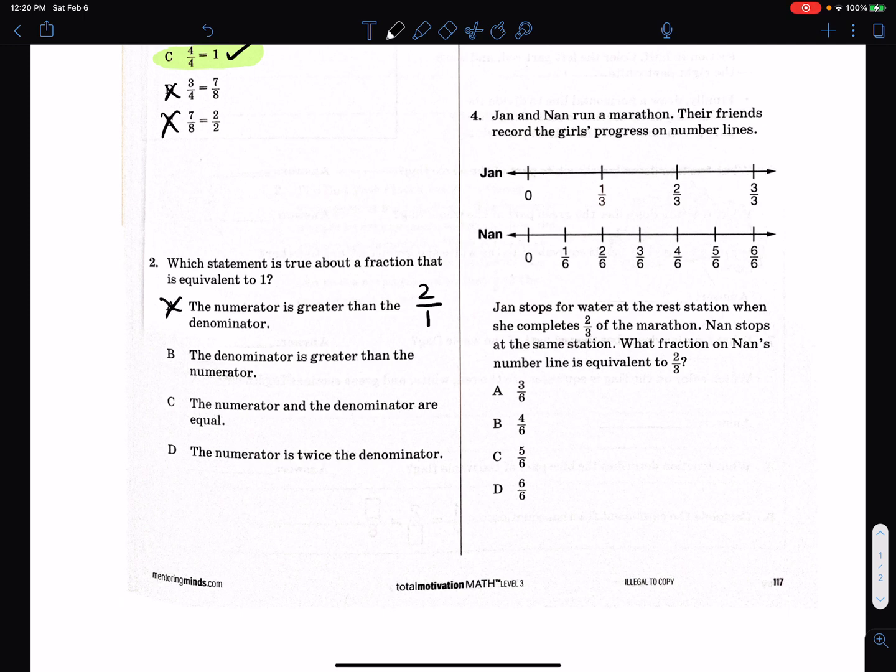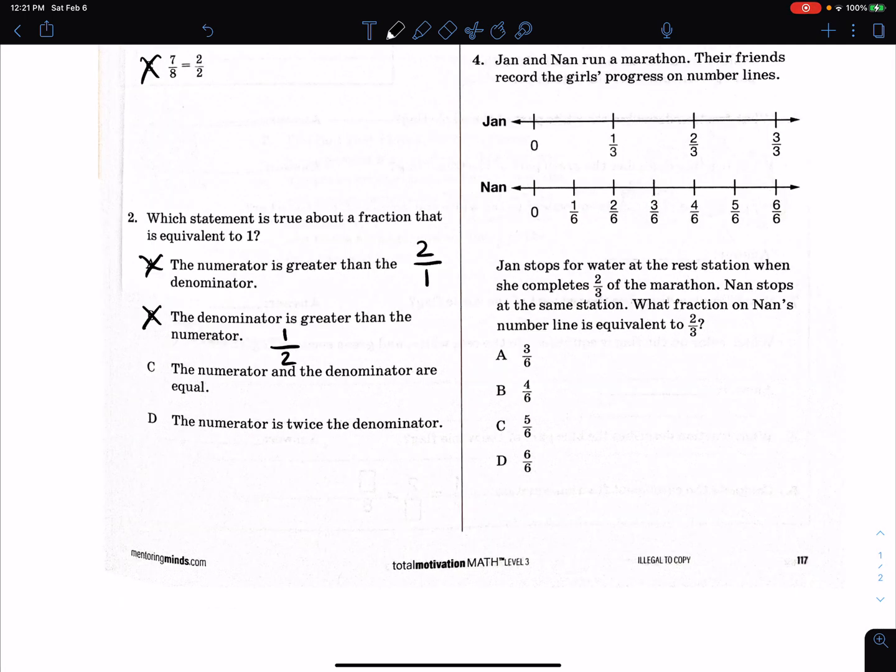So I know that's not correct. So let's look at letter B. The denominator is greater than the numerator. So I could have 1 over 2. Well, I know that's a fraction of a half, so I know that's not going to be equal to 1. All right, let's look at letter C. The numerator and the denominator are equal, so 2 over 2. Does that equal 1? That does equal 1 whole.